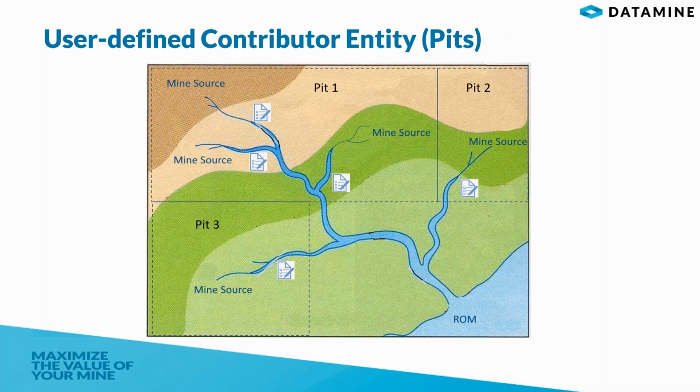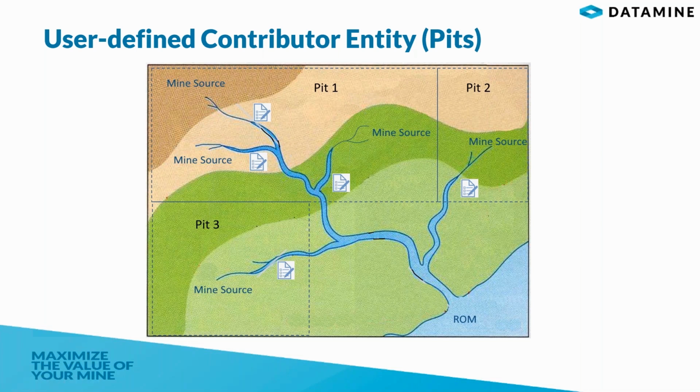Similarly, if we have different mining lists, for example, which are represented here by the rectangles, we could equate those to, let's say, pits. We have 3 pits here, pit 1, 2, and 3.